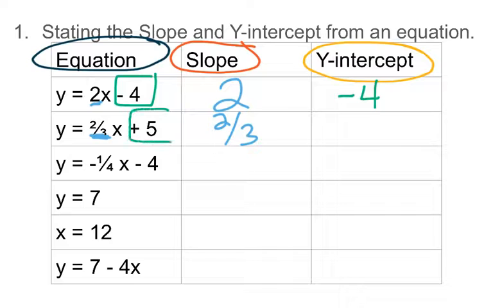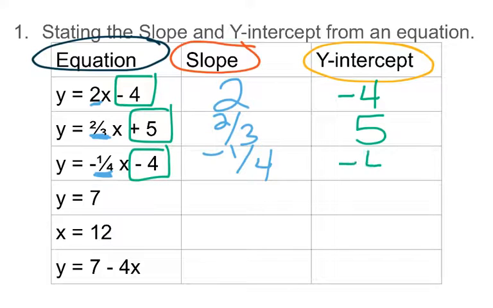Then you have a plus 5, and that is where the graph crosses the y-axis, at 5. In the next example, -1/4 is in front of x, so that is the slope, and -4 is a number by itself, so that's your y-intercept.